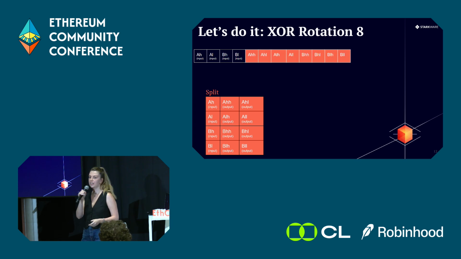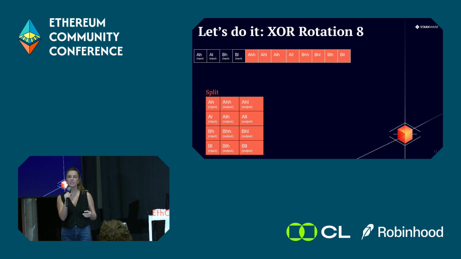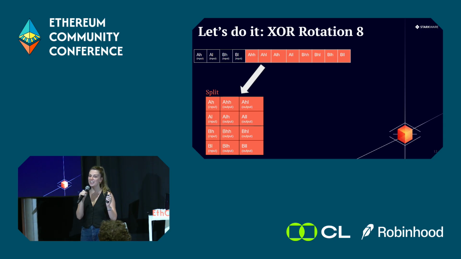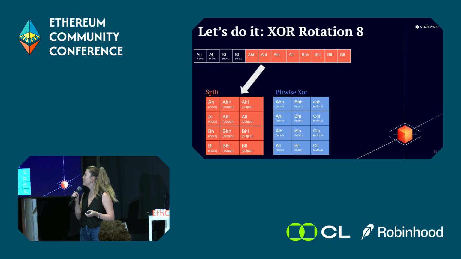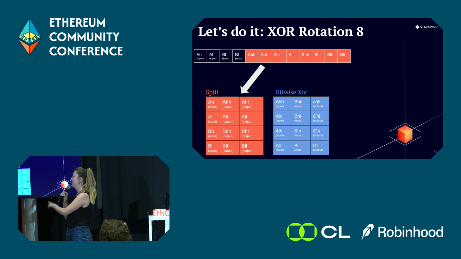Then we are writing the output to the caller trace and adding a lookup constraint, which is now an arrow, so use your imagination. And the next thing we want to do is the bitwise XOR. So we want to XOR the corresponding bits. So we want to XOR A high high with B high high to get C high high, and so on and so on.